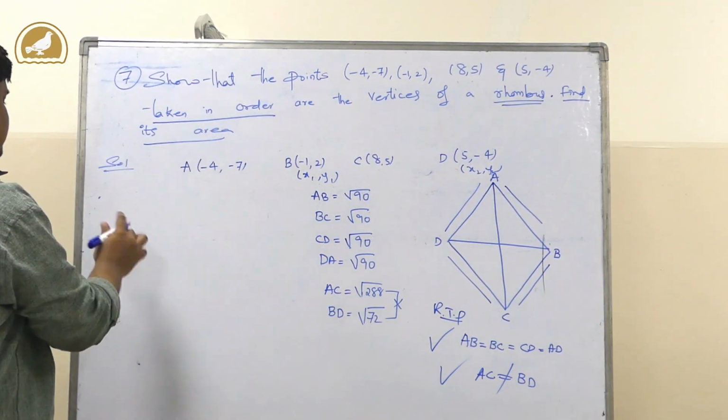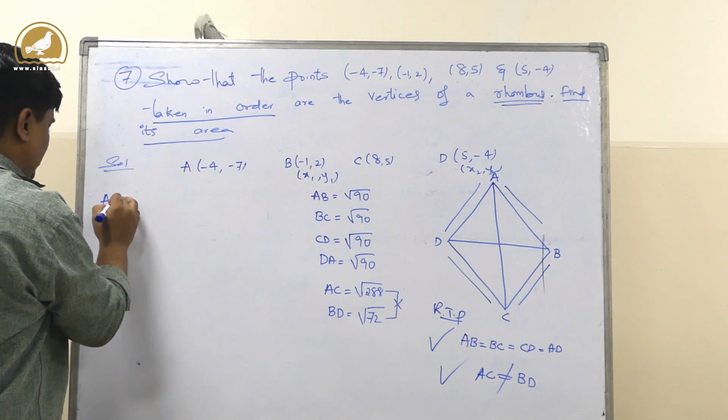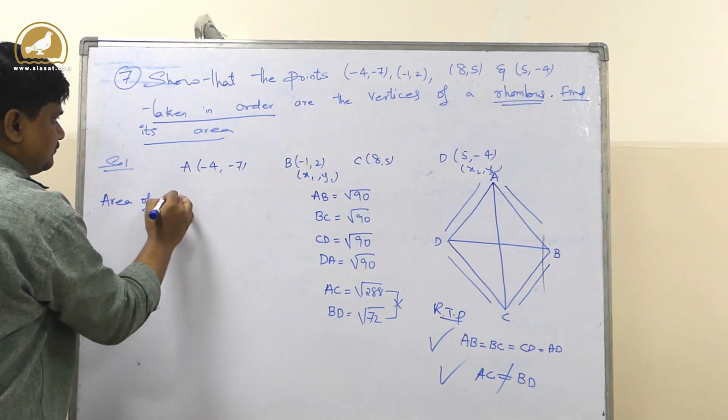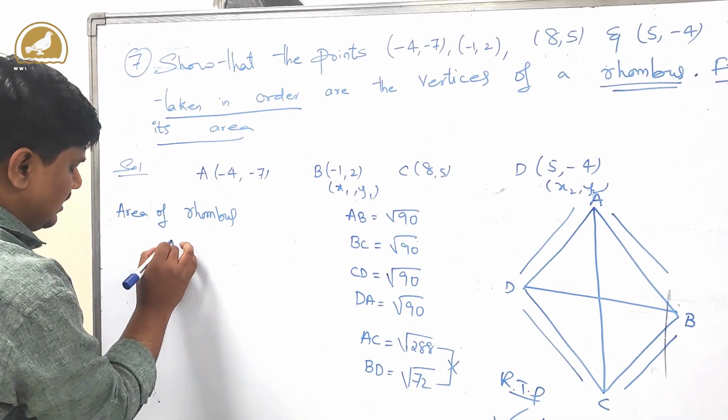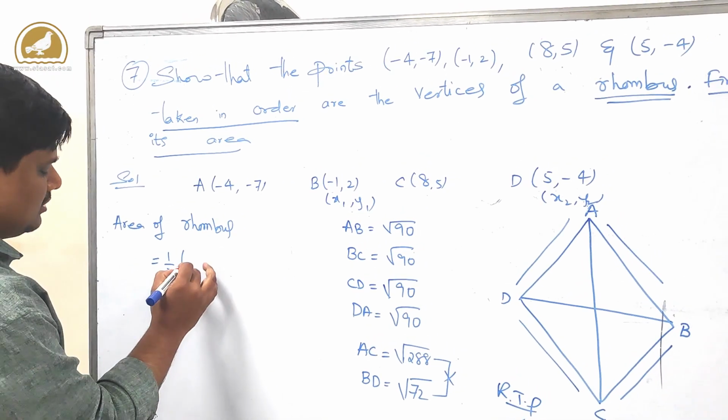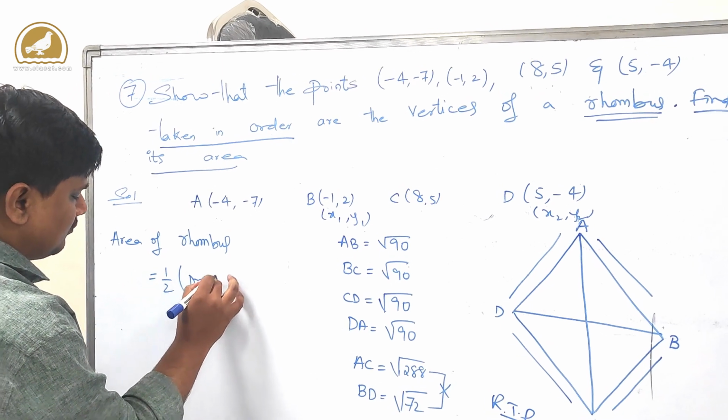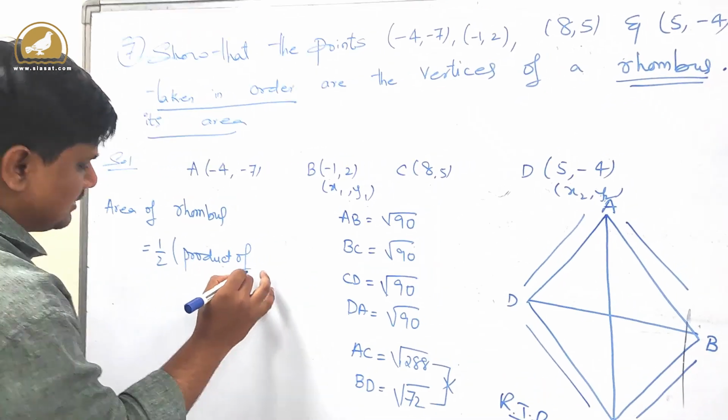So the second part of the question is the area of a rhombus. The area of a rhombus is half into the product of the diagonals.